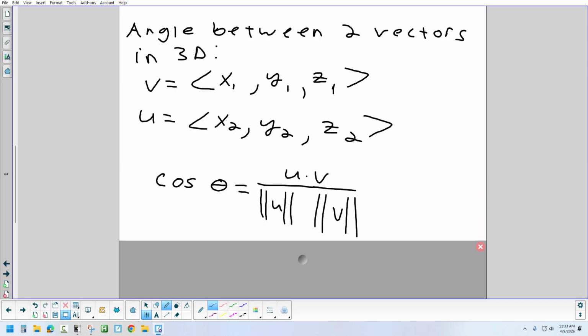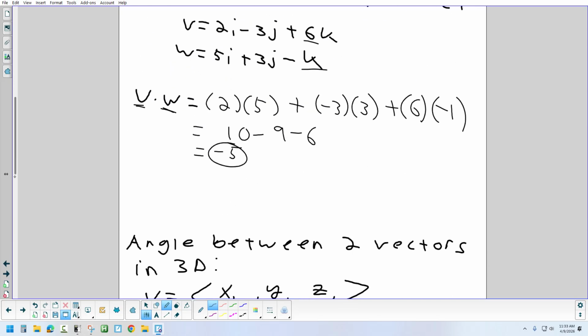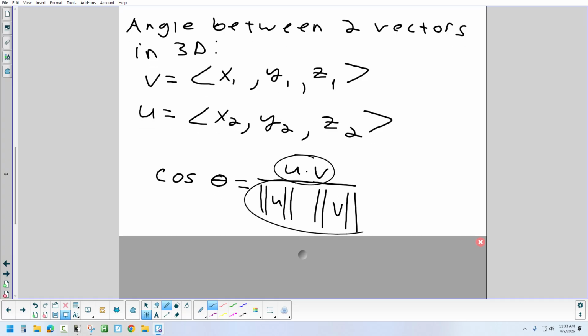Well, in 3D, it's the same formula. The reason we can use the same formula is because the dot product on the top is now a 3D dot product, and we just looked at how to do that. The magnitudes in the bottom are 3D magnitudes.